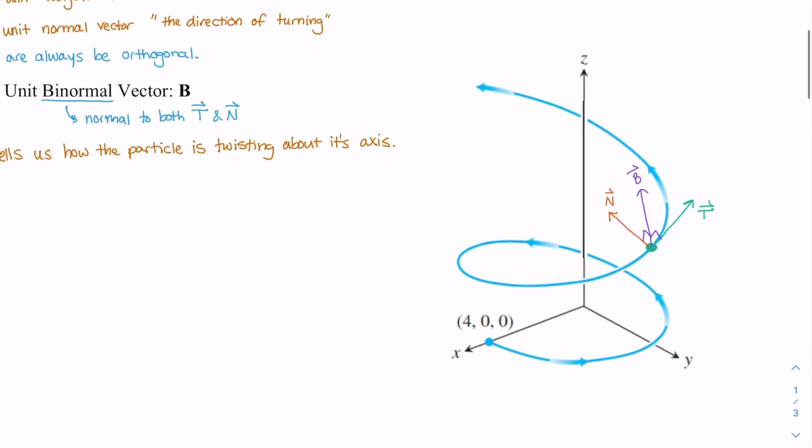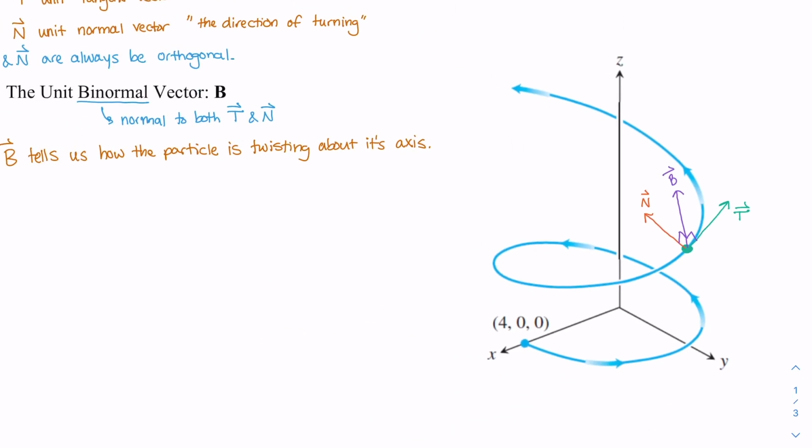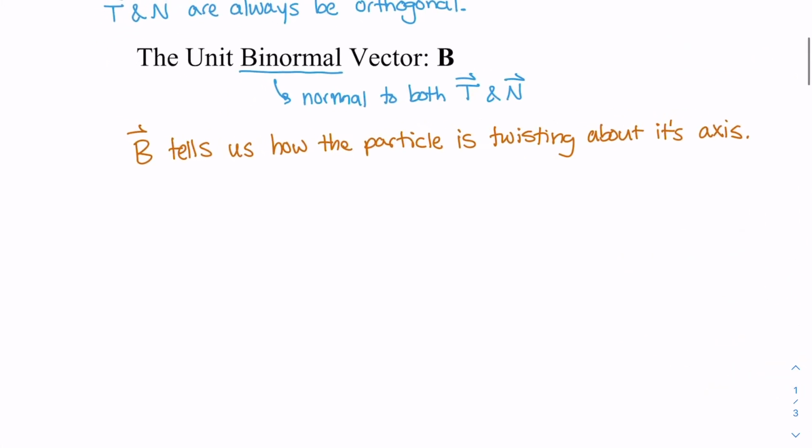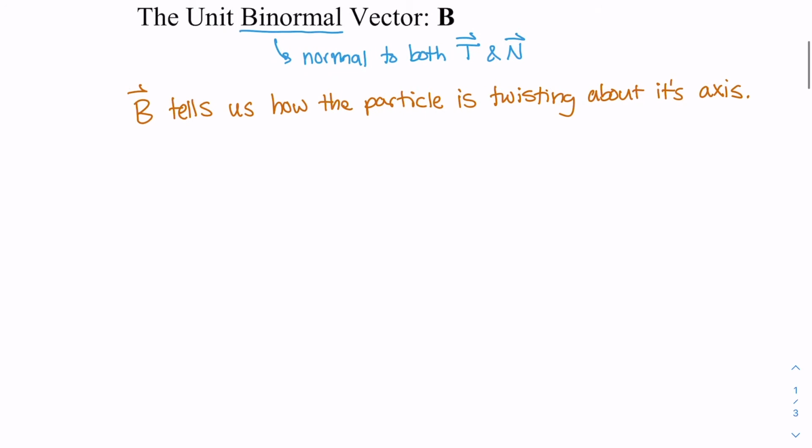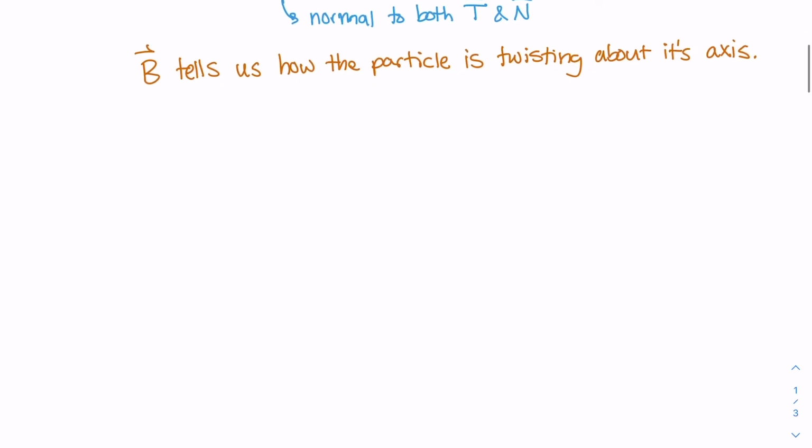And so knowing that the B vector, the unit binormal vector, is normal to both T and N, you should be able to construct from everything we already know what the formula for B is. If we ever have two vectors, T and N, and we need to find a third vector that's mutually orthogonal to both of those, then we have an operation that allows us to do that. And in that case, it's the cross product.